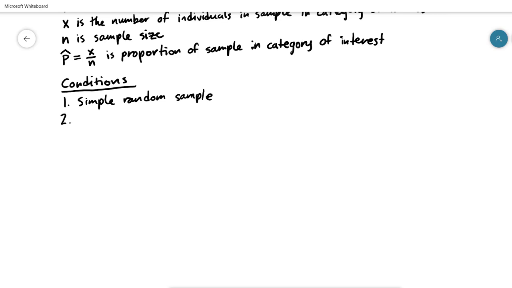The second condition, and this one is going to sound kind of familiar, I'll come back to it in just a minute: the population must be 20 times bigger than the sample.